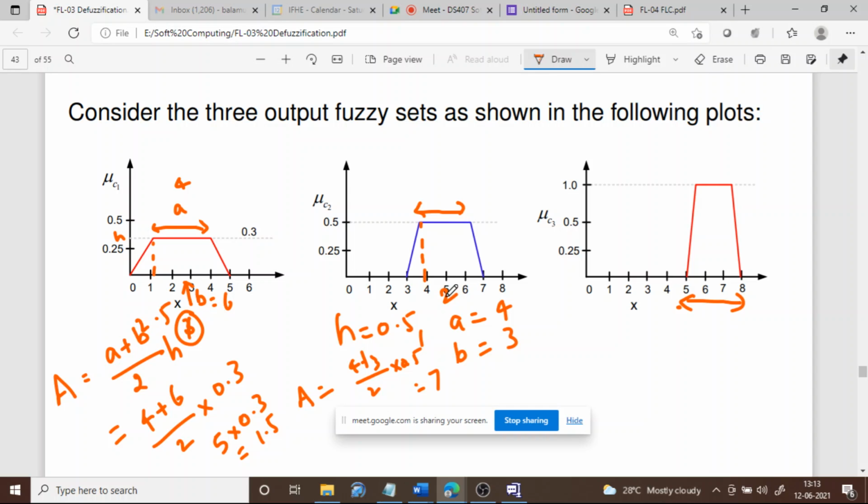Yeah, Rupesh, you are correct. This is starting with 3 and it is going up to 7. So 3, 1, 2, 3, 4. 4 by 2 is 2. So you can say its midpoint is 5, not 6.5.